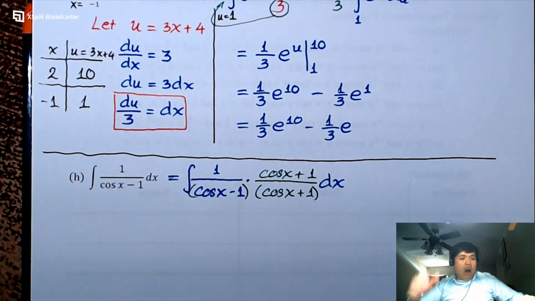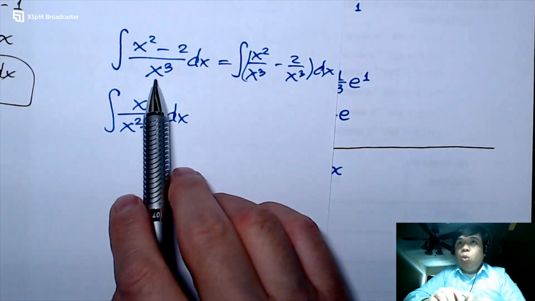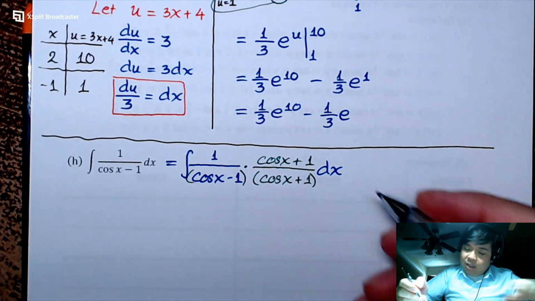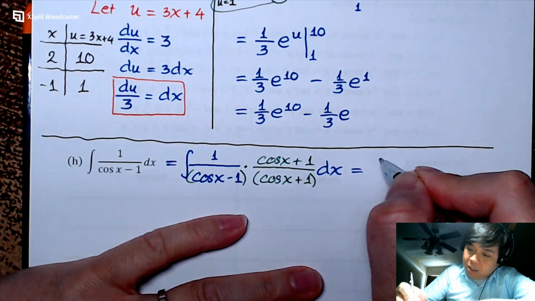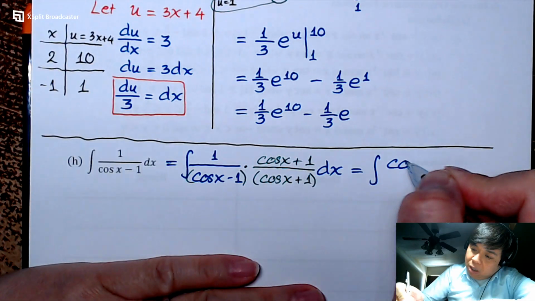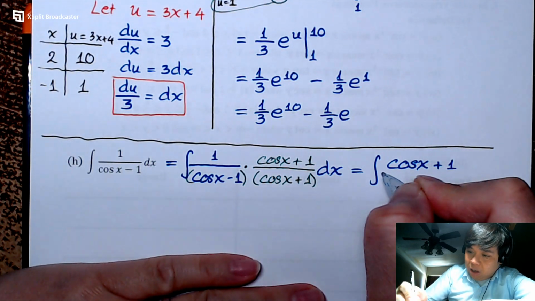And let's say, why do we do that? Well, the point here is we try to get one term at the bottom. So in that case, just multiply the bottom. The top will be just cosine of x plus 1. Not worry too much what we have on the top, but the bottom.